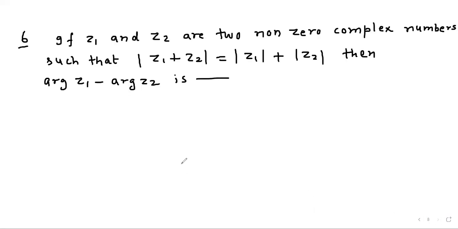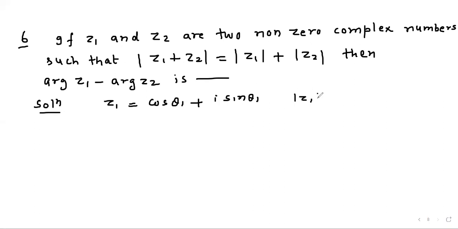Now, next question. Question number 6. Question number 6 says if z1 and z2 are two non-zero complex numbers such that modulus z1 plus z2 equals modulus z1 plus modulus z2, then arg z1 minus arg z2 is. Let's consider its solution. So here z1 equals, say, cos theta 1 plus iota sine theta 1.